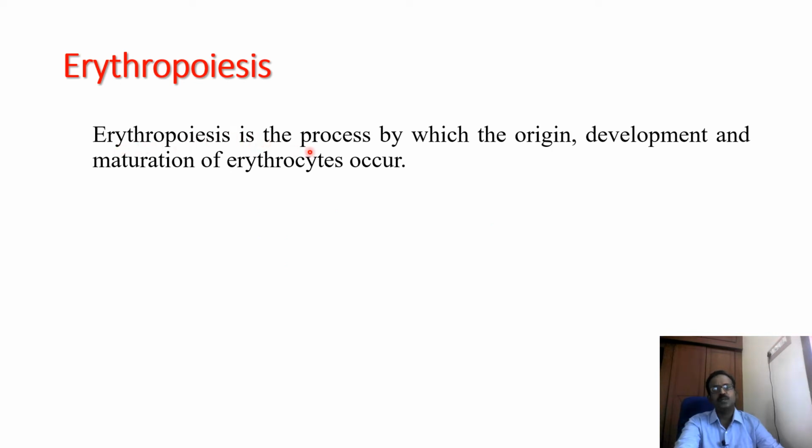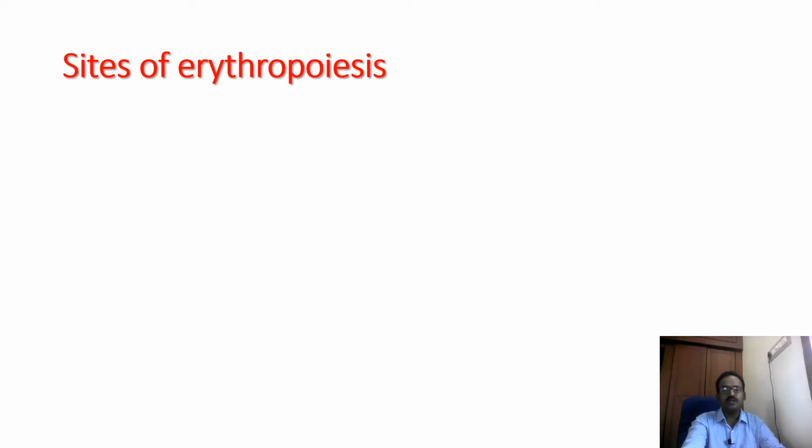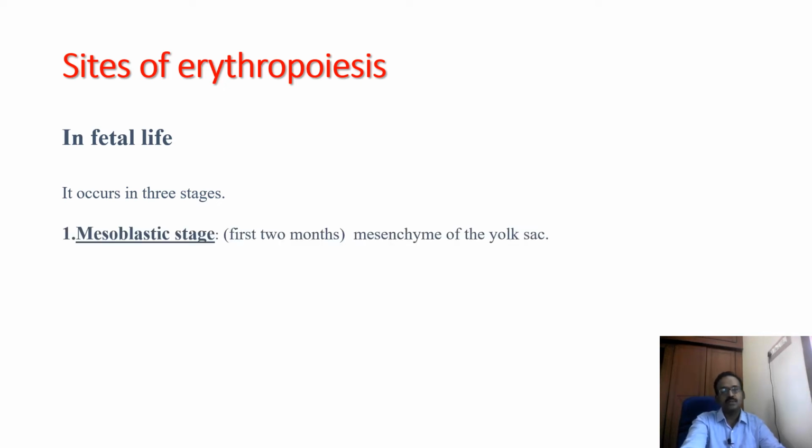Erythropoiesis is the process by which the origin, development and maturation of the erythrocytes occur. Sites of erythropoiesis: in fetal life, it occurs in 3 stages. The mesoblastic stage occurs in the first 2 months of fetal life.